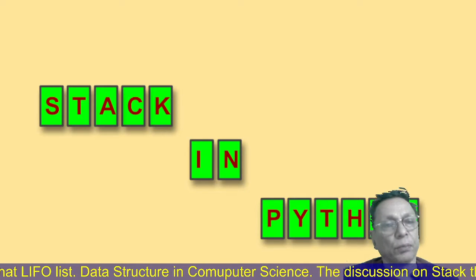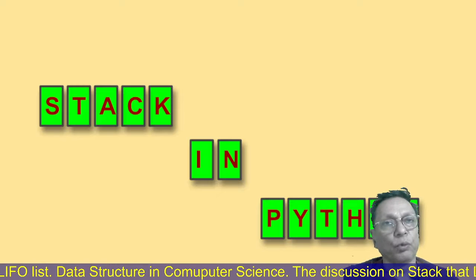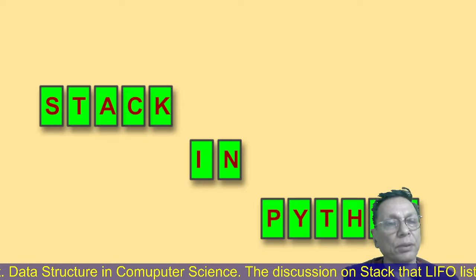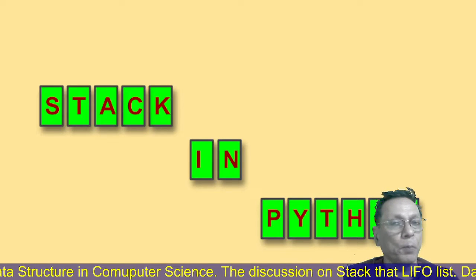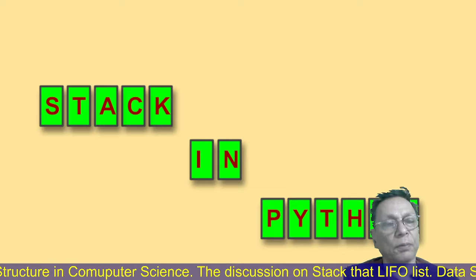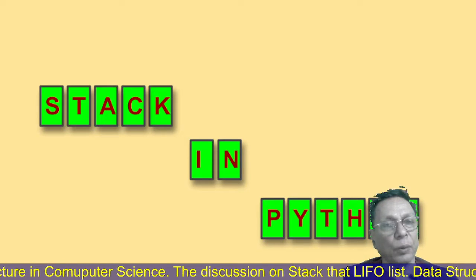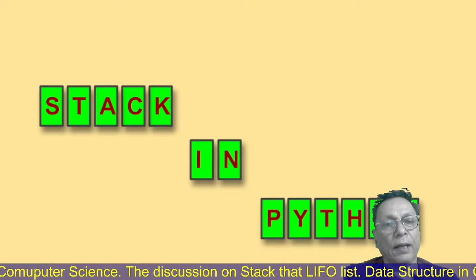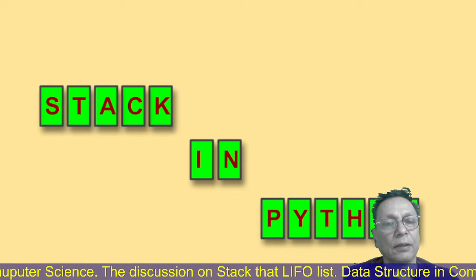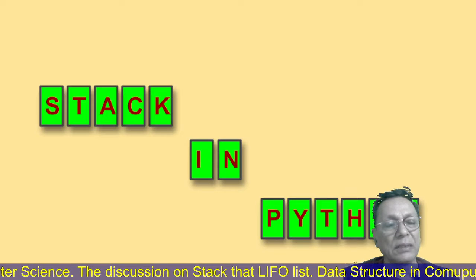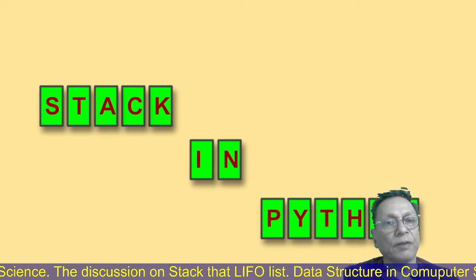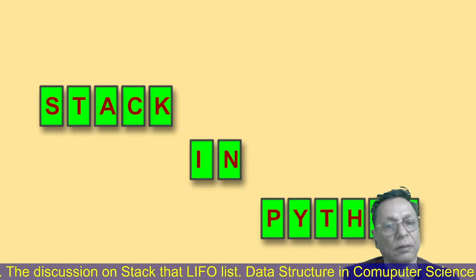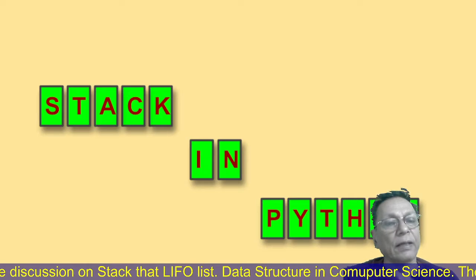Push means if you want to enter or insert an element into the stack. Second is pop, if you want to remove an element, and when you remove the element, it is removed from the top. And the third operation is peek, the top element, so the peek function or peek operation is applied here. All these three user defined functions you will create in Python.